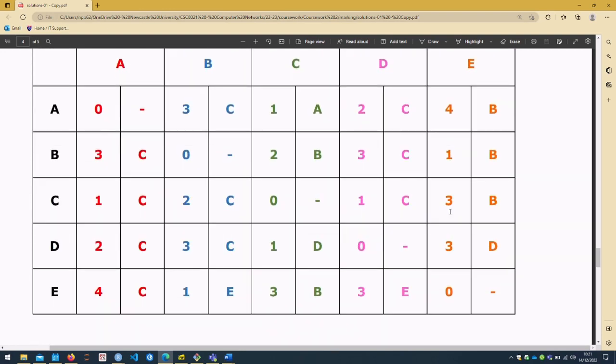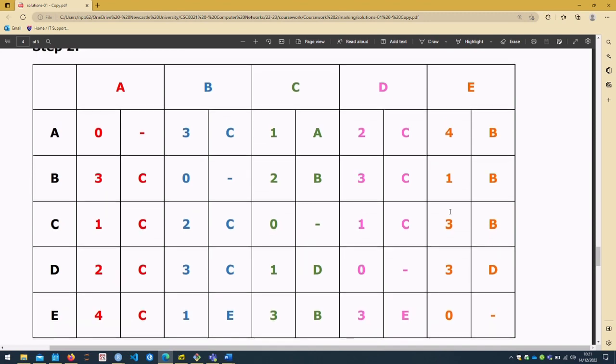So step 2, now we look at 3 hops, and I think pretty much everything stays the same except for the connection between A and E, which is the same or similar except via different nodes. So A can see E via C, right?